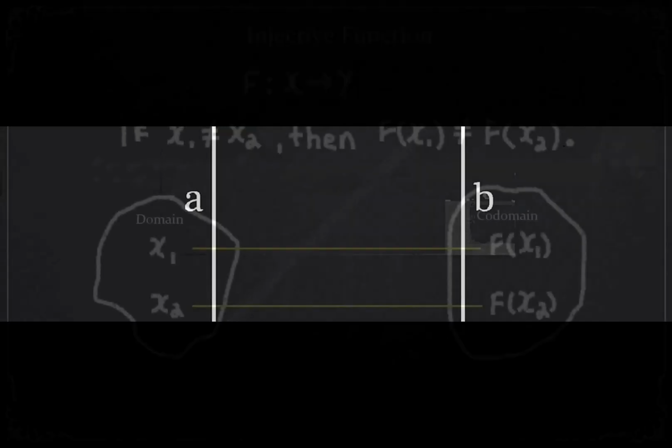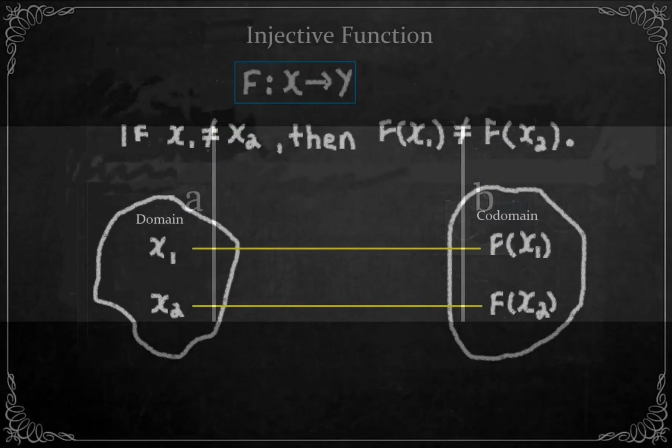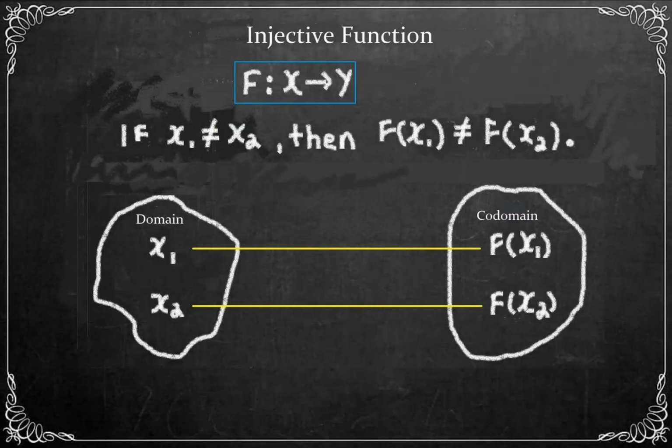Now for part 4. In this video, we'll do 3 proofs of injective functions along with supporting proofs. Then we can write an injective function f where x maps to y, where every input in the domain x maps to a unique element in the codomain y.